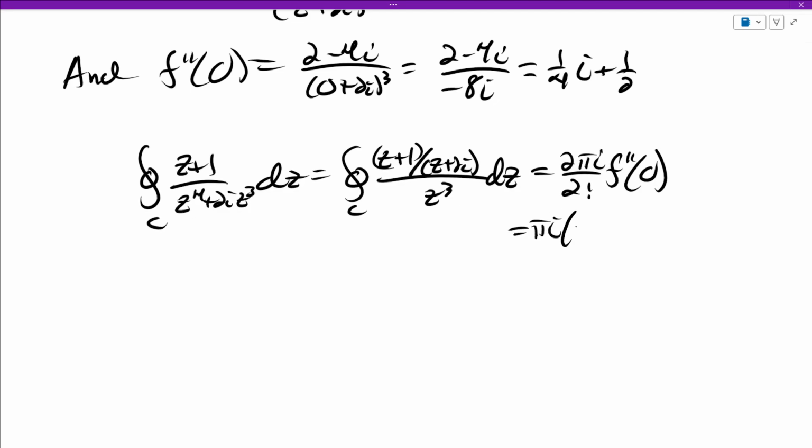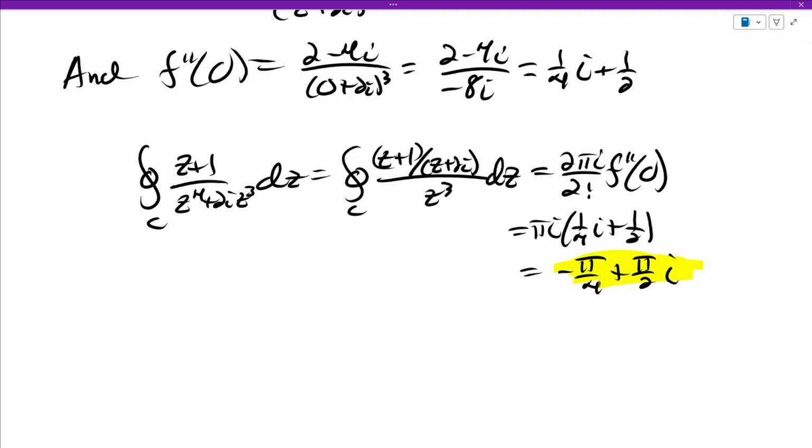So that's pi i times (1/4 i plus 1/2). So that's negative pi/4 plus pi/2 i, if I've done it correctly. And so there we go.